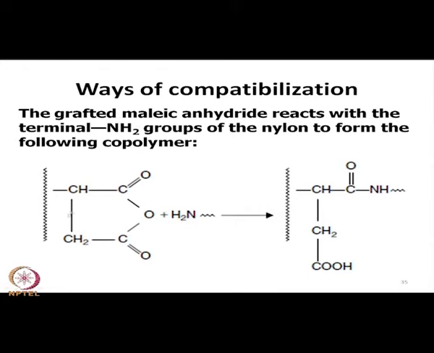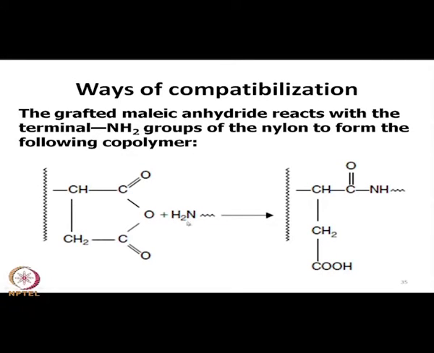Now, if we look into the scheme of such a reaction between EPDM and maleic anhydride, the maleic anhydride part grafted on EPDM reacts with the terminal NH2 group of the nylon. This anhydride group acts like an acid, and the amine group acts like a base.